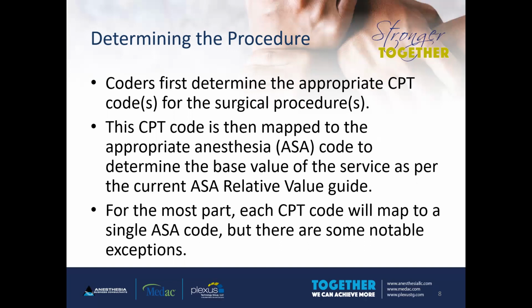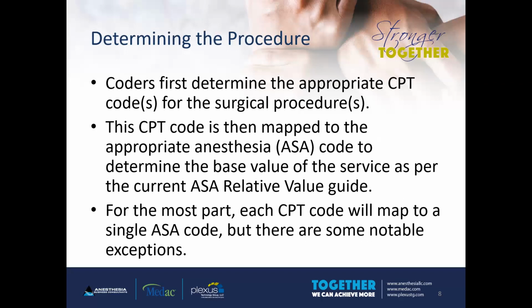First, the coders will take a look at the procedure description that we are sent by way of the anesthesia record, and we'll put a surgical or CPT code down to reflect what that surgical procedure was. And then we will use the crosswalk manual that is provided that will translate that surgical CPT code into an anesthesia ASA code. And it's the ASA code that actually winds up on the claim form.